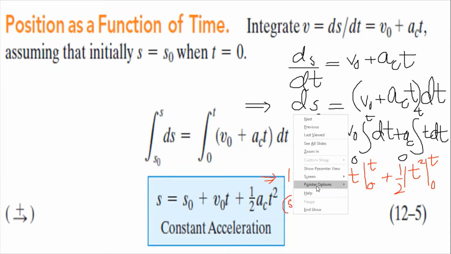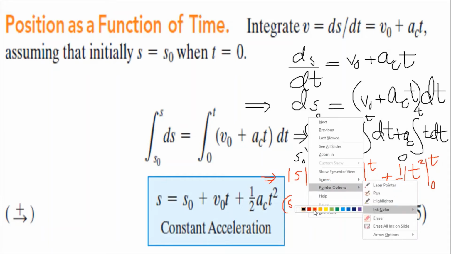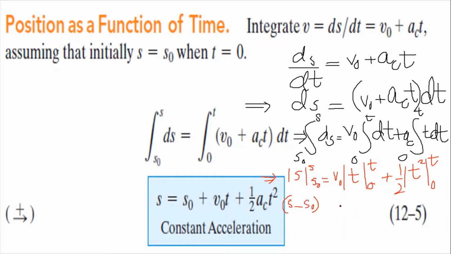Let me rub this because it is not clear to all of you. Let me take red color. s minus s naught equals v naught t minus 0 when we apply the limit, plus half, and it will become t square minus 0.